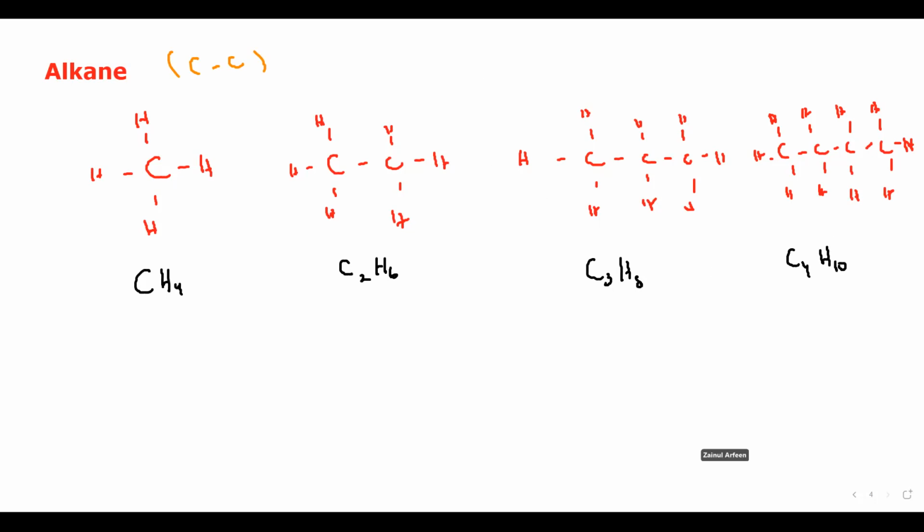Now which series is known as a homologous series? There should be the following characteristics. If the following characteristics are fulfilled, we call that a homologous series. So what are the characteristics, or the properties, of a homologous series?